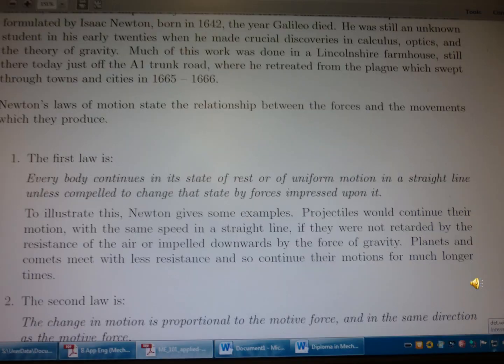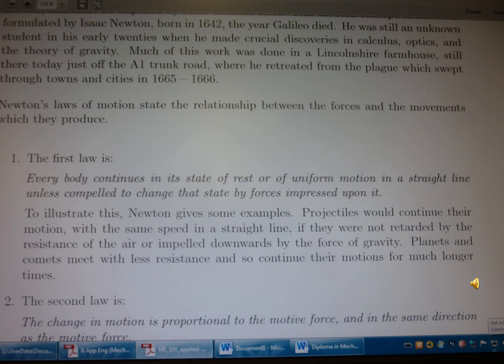We can start talking about Newton's laws of motion. These state the relationship between the forces and the motion which they produce. The first law is that every body continues in its state of rest or uniform motion in a straight line unless compelled to change that state by forces impressed upon it.